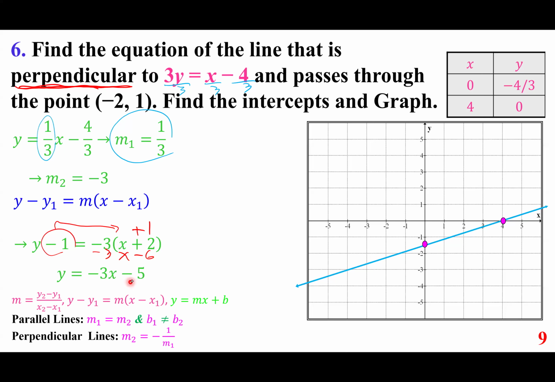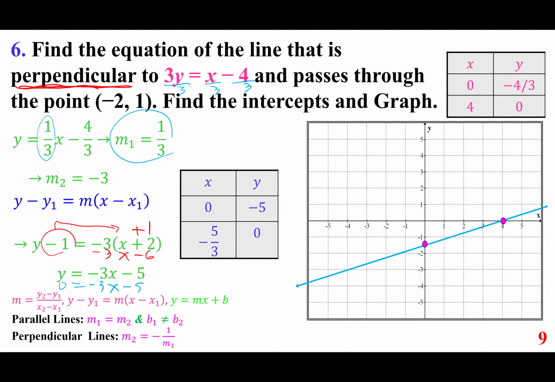The line we just came up with, as I mentioned, has the y-intercept 0, negative 5. If you set y equal to 0, x becomes negative 5/3. And you can plot those two pairs, 0, negative 5, and negative 5/3 is negative 1 and 2/3, so closer to negative 2, and connect the two.